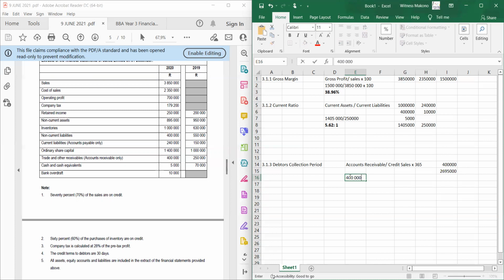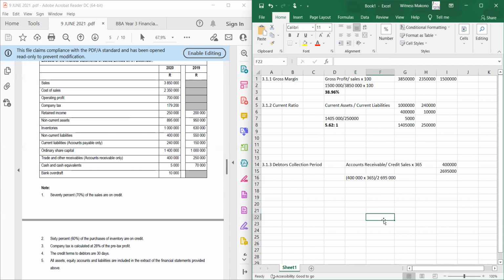Then you now say 400,000 times 365. Everything on top should be in brackets. And then you divide by credit sales, which is 2,695,000.